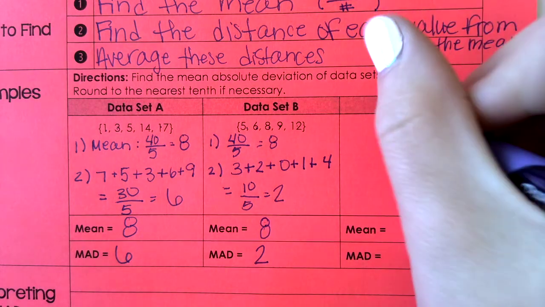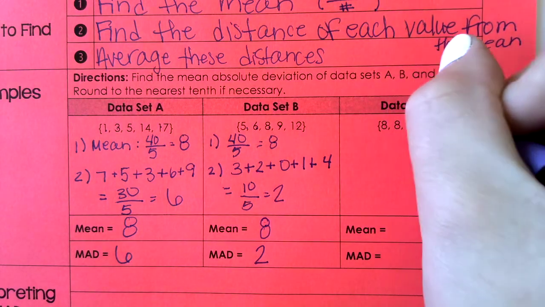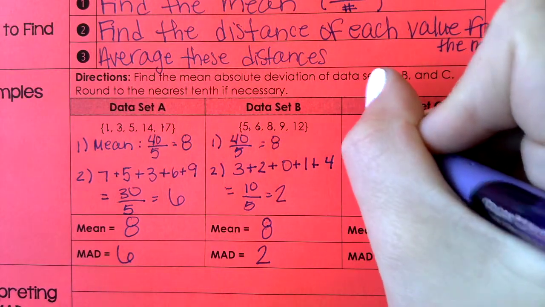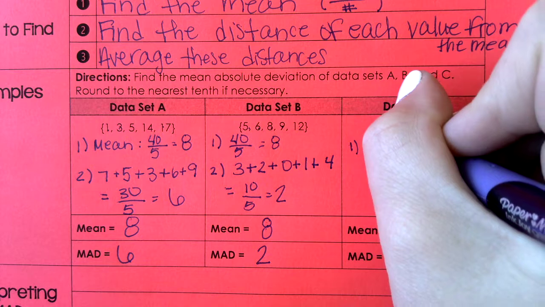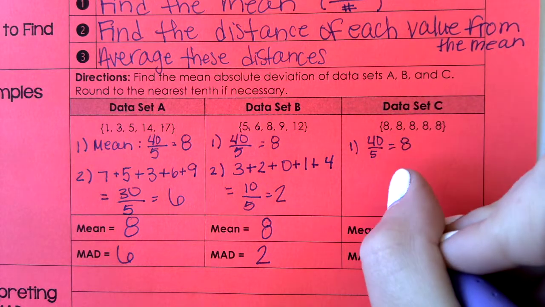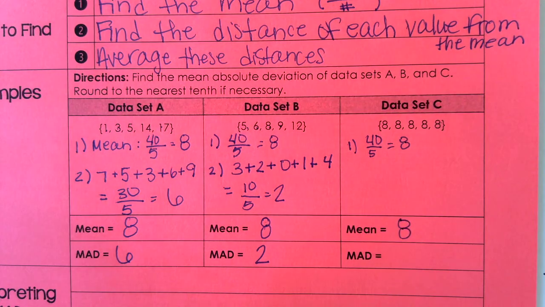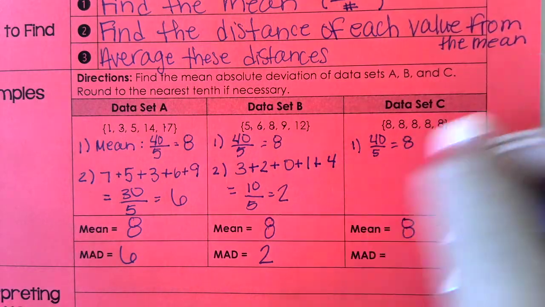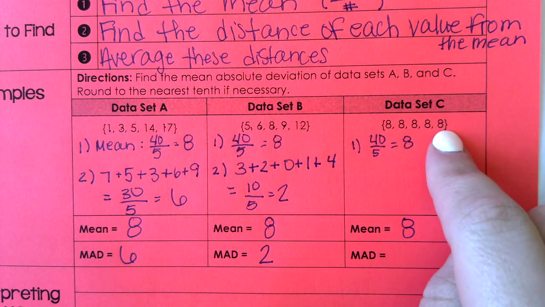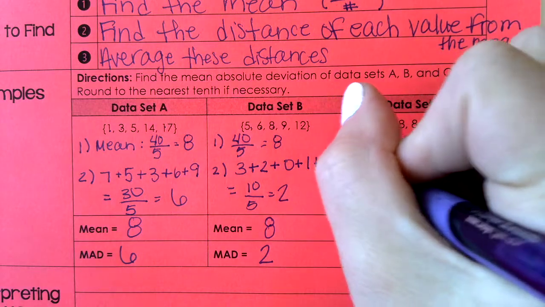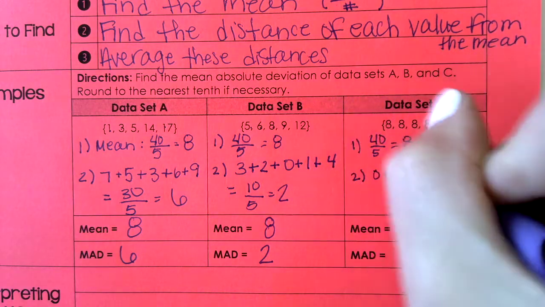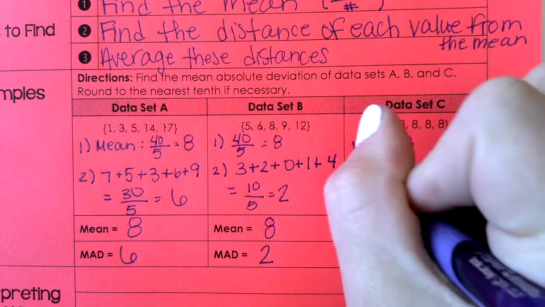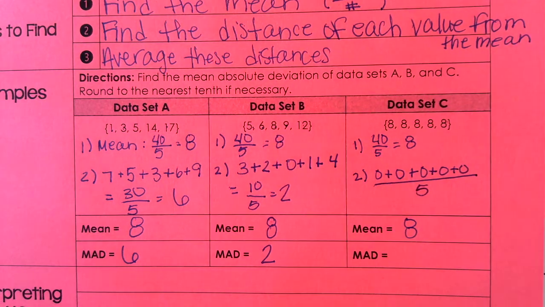Now here I have 8 plus 8 plus 8 plus 8 plus 8. That gets me 40. 40 divided by 5 is 8. So here again, my mean is 8. How far away is 8 from 8? 0. So I'm going to be adding 0 plus 0 plus 0 plus 0 plus 0 divided by 5.